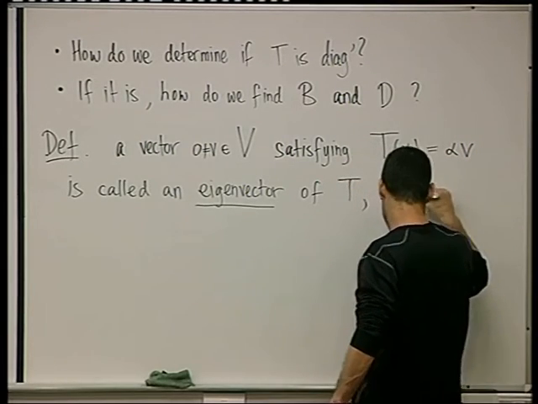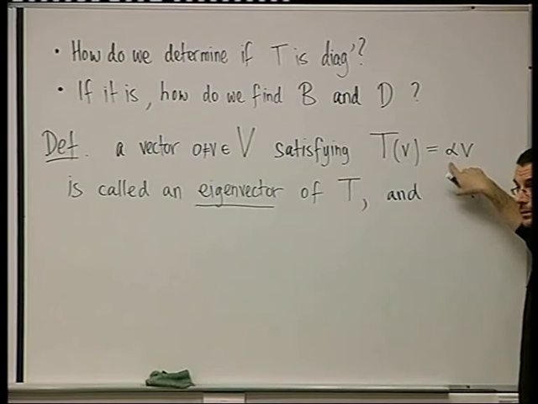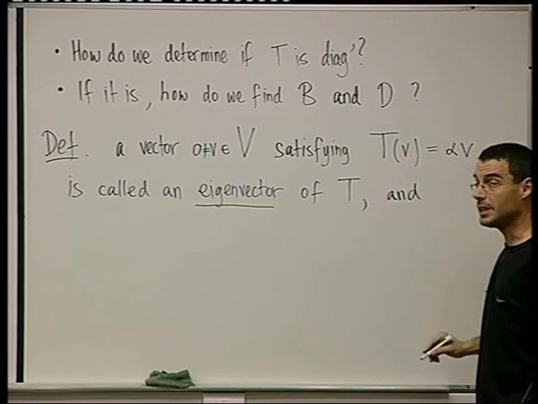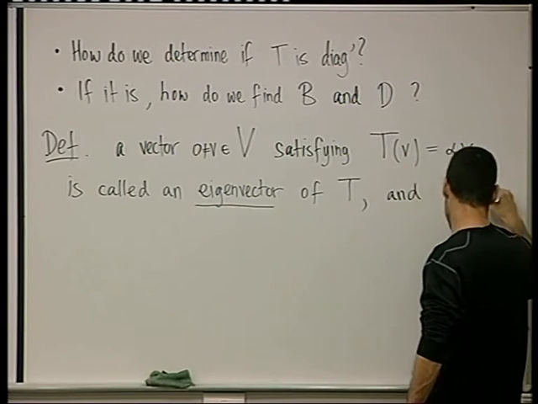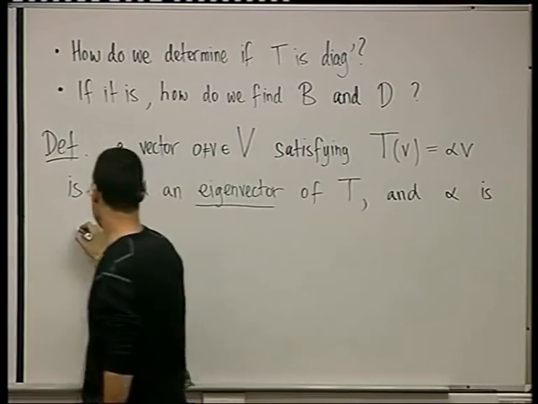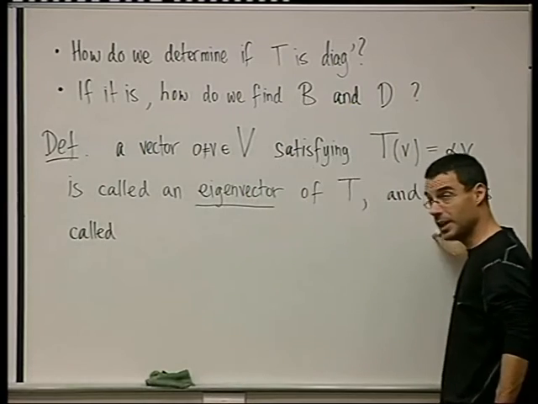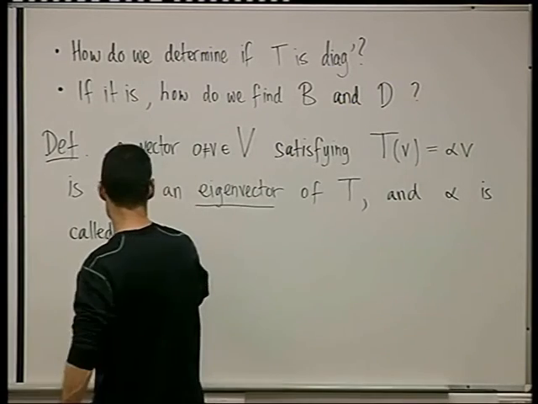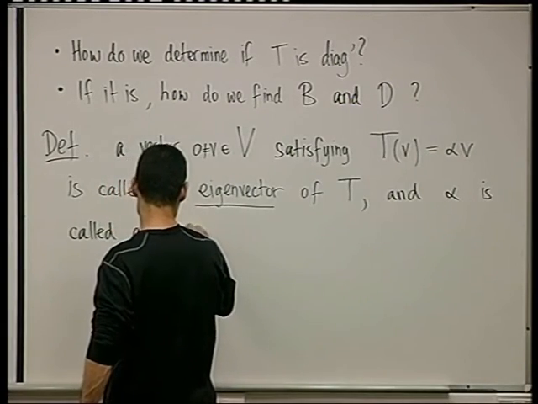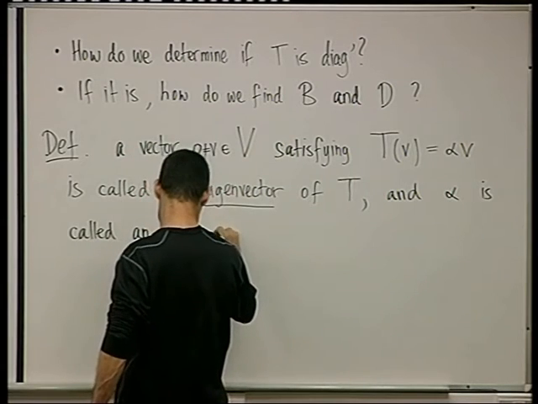And this alpha that does it for this v, alpha is a number, a scalar. So alpha is called an eigenvalue.